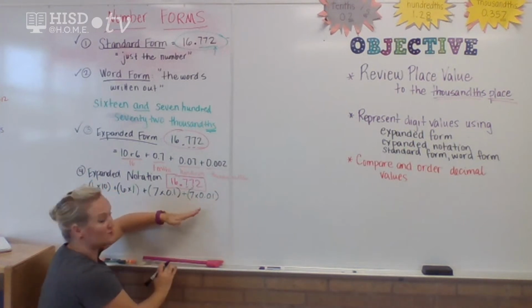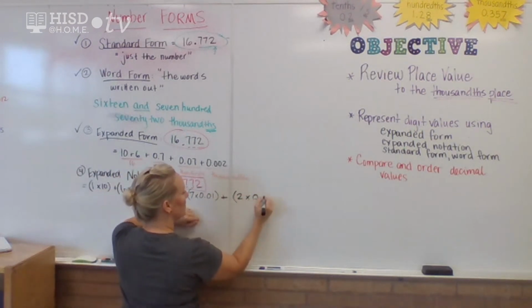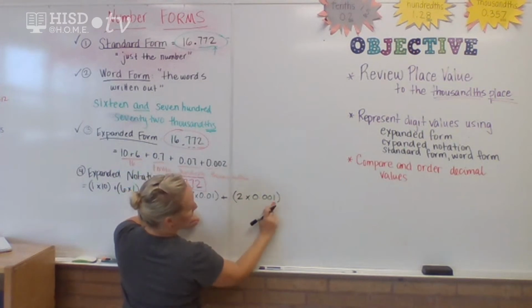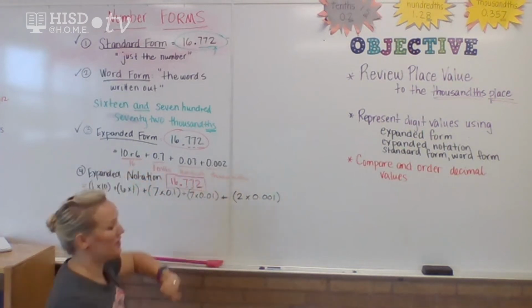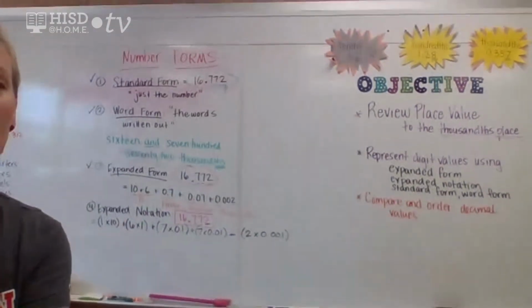Excellent. And I ran out of space, but I'm going to keep going. Plus, my last number is 2 times the thousandths place. See, I mark it with a 1. That's my thousandths place. 2 times that would give me a 2 here, which would match the 2 here. And that is called expanded notation.